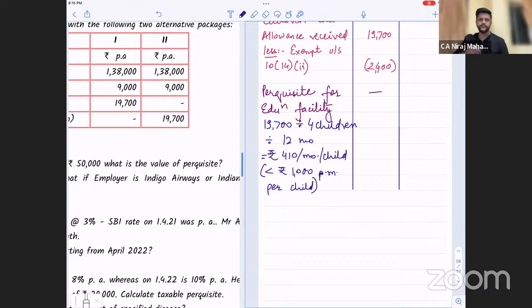So what is the case? Taxable or not taxable? Nothing taxable.